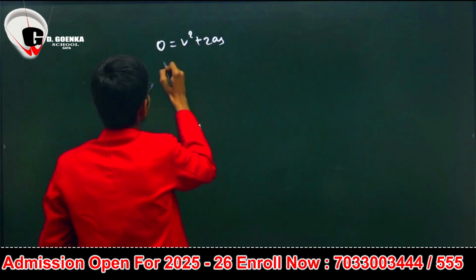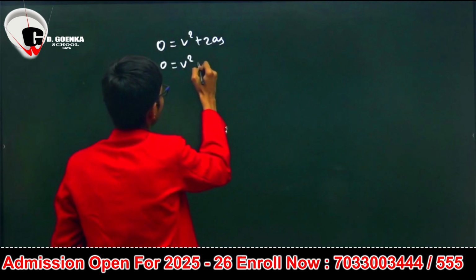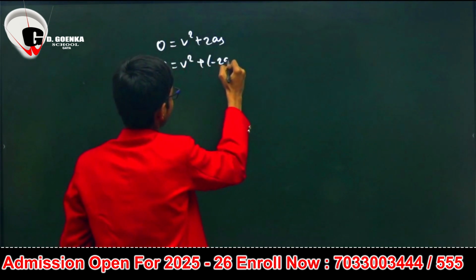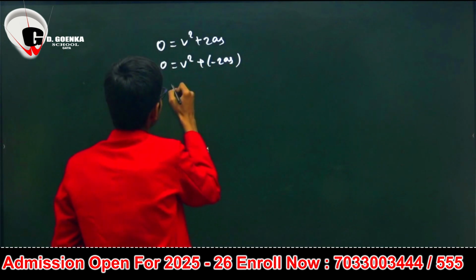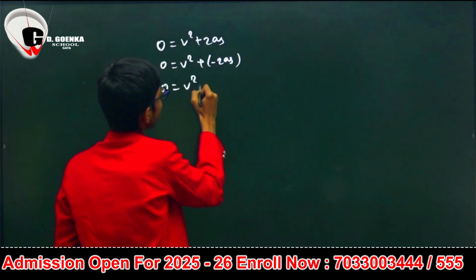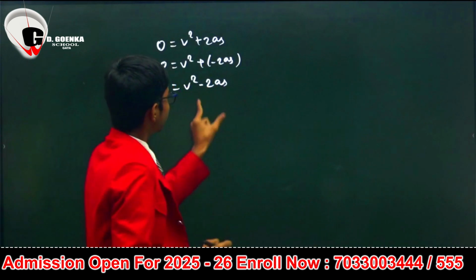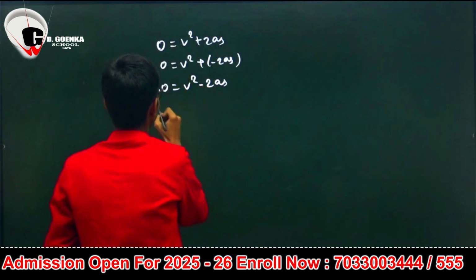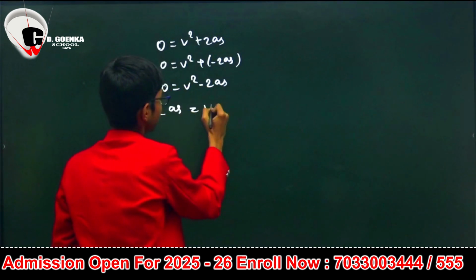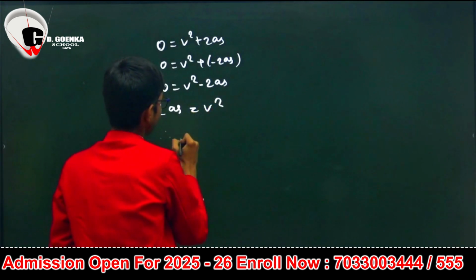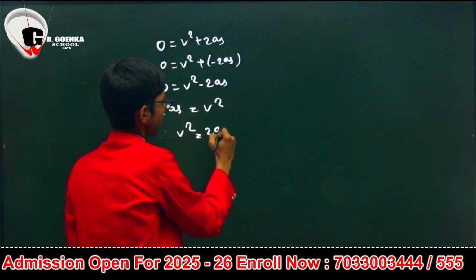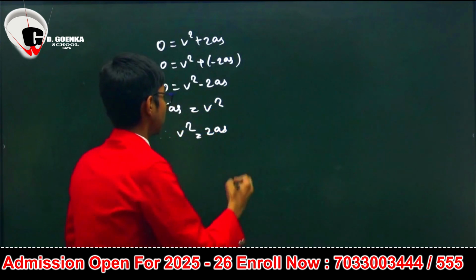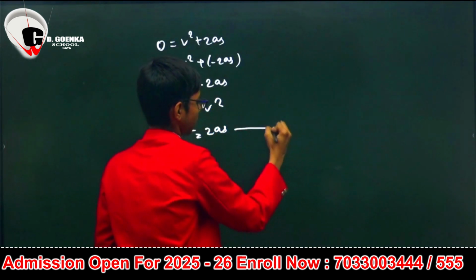So 0 is equal to v square minus 2as. When this comes to this side, it will be equal to v square. So we can write v square is equal to 2as. Let's make it the first equation.